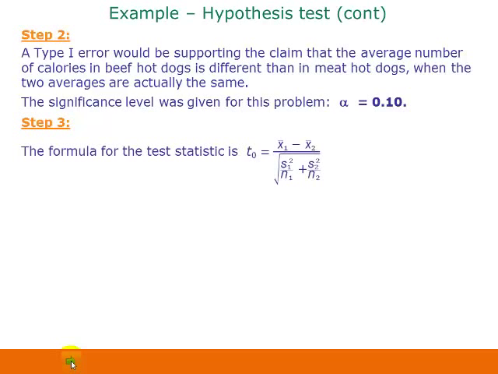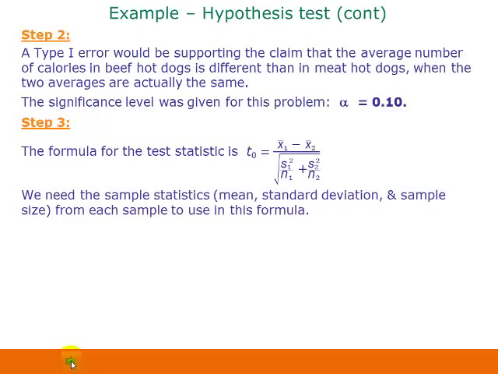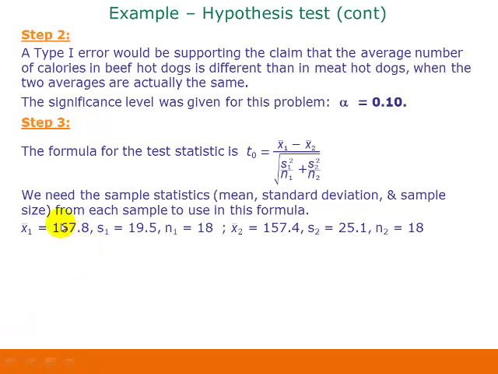For step 3, here's our formula for our test statistic. So we need the sample statistics, the mean, the standard deviation, and the sample size from each sample. We had the original data, so we could use our calculators or StatCrunch to come up with our sample statistics. And remember, we're looking at each one separately. So here we have our sample mean, standard deviation, and sample size for the first sample from the beef.